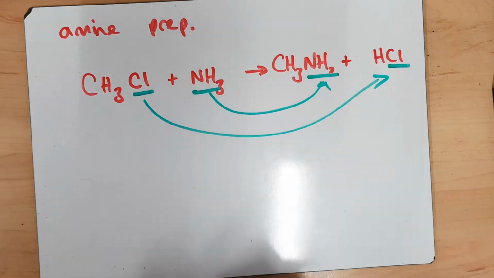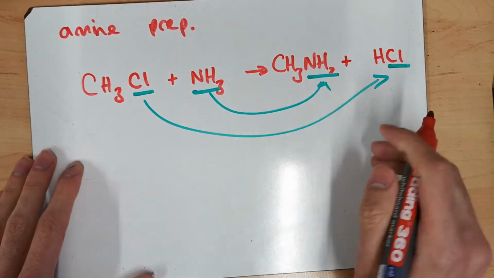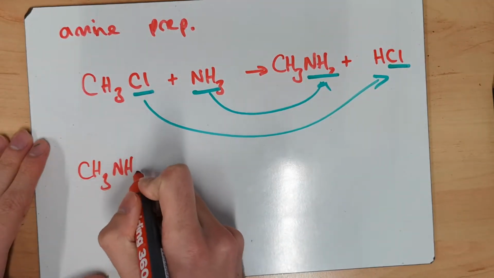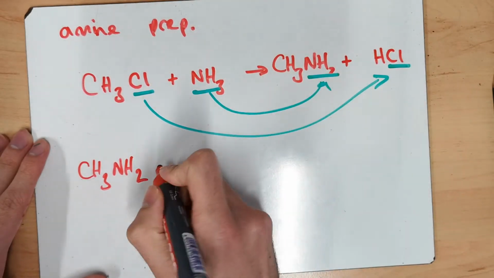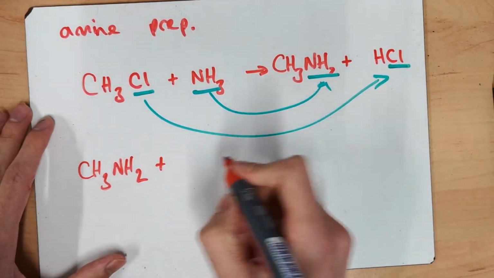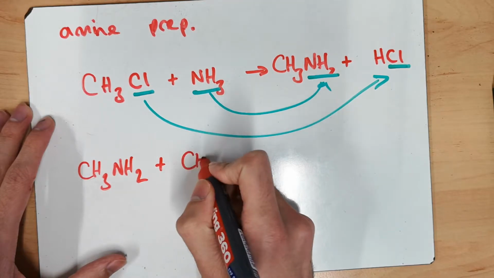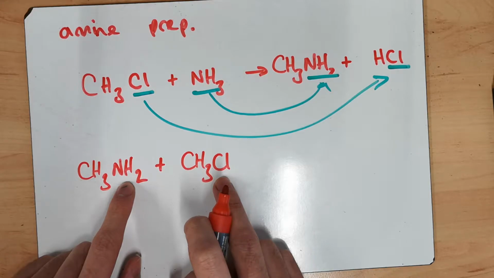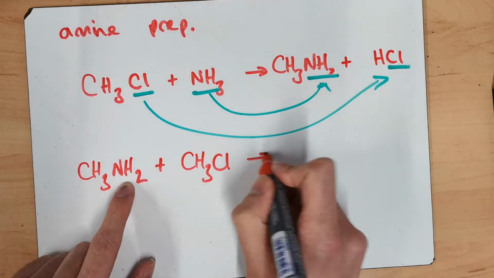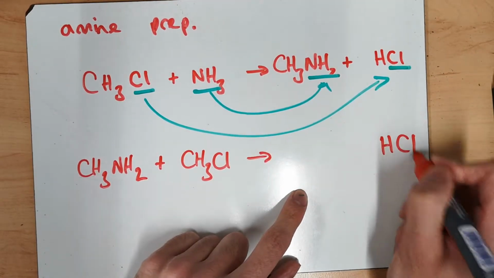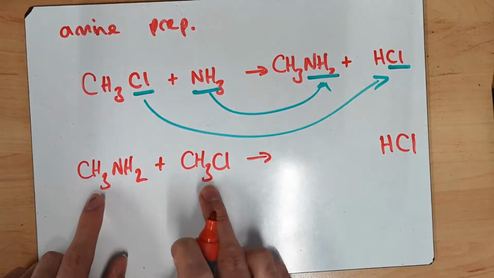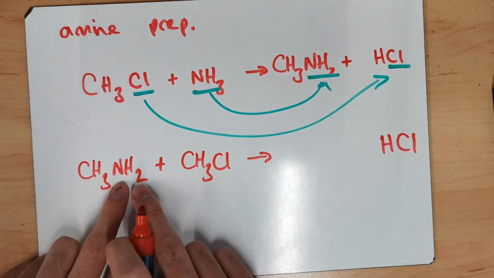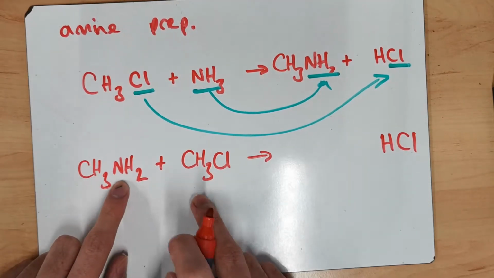Now this though can carry on reacting. We have our CH3NH2 here as our product, and we've got lots of CH3Cl. Then that can substitute with this, and the same reaction happens. We get our HCl formed, so that separates off, and now this NH2, well, it's lost one of its hydrogens, so it's NH, joins with the CH3 we had here.